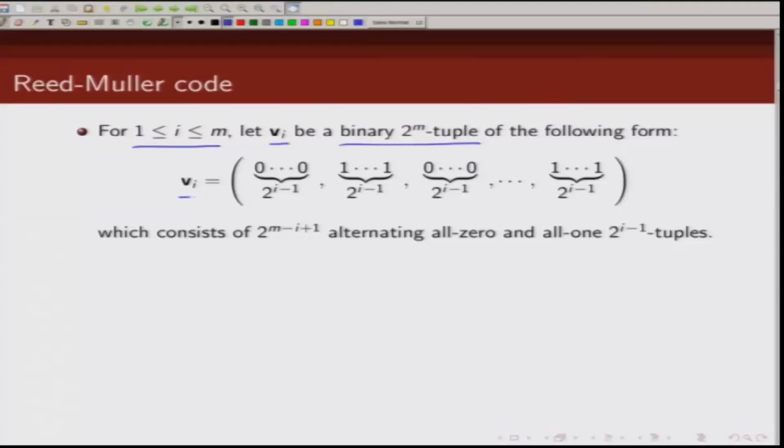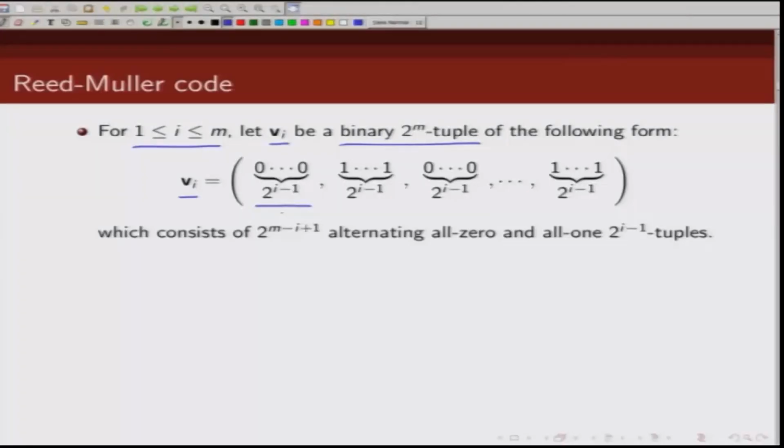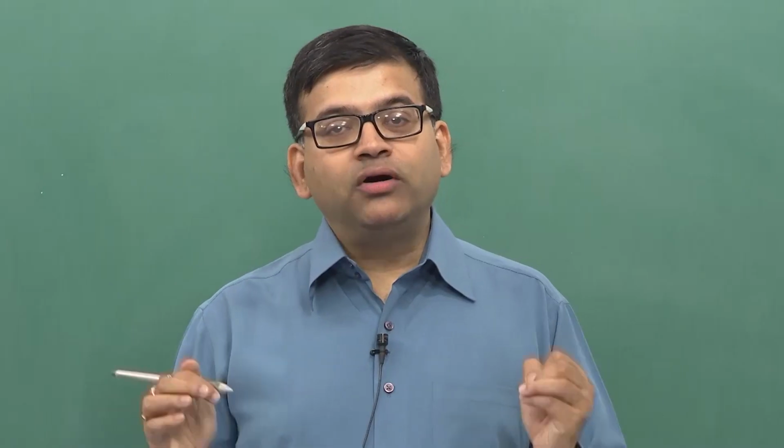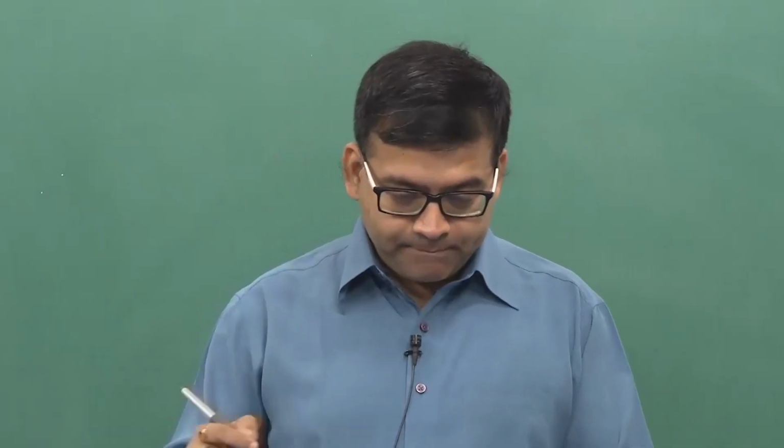Vi is a run of zeros for 2 raised to i minus 1 times, then a run of ones for 2 raised to i minus 1 times, like that. So, this Vi consists of alternating zeros and ones, where each of these runs of zeros and ones is of length 2 raised to i minus 1.